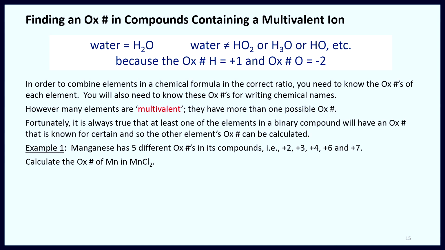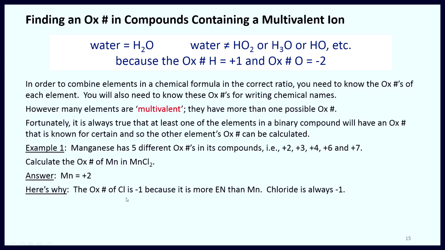The first example: manganese has 5 different oxidation numbers that appear in its compounds. You sometimes see +2, +3, +4, +6, or +7. Calculate the oxidation number of manganese in MnCl2. The answer is +2, but how do we get this?